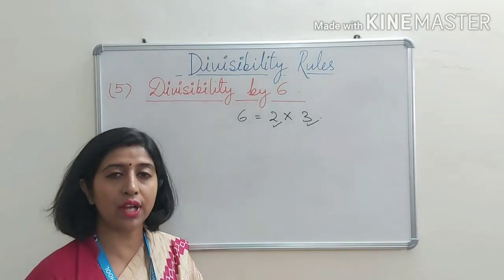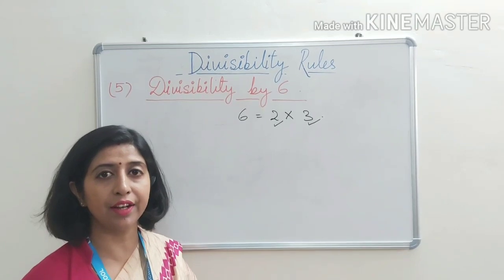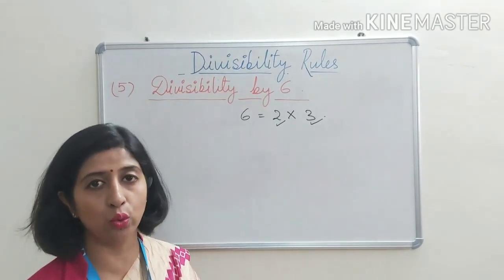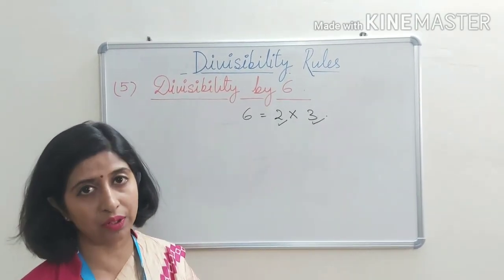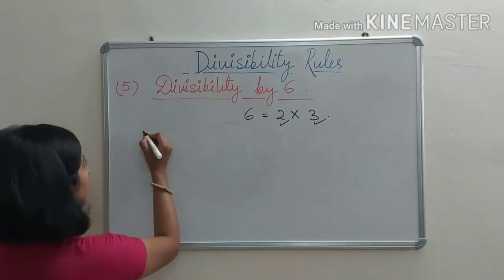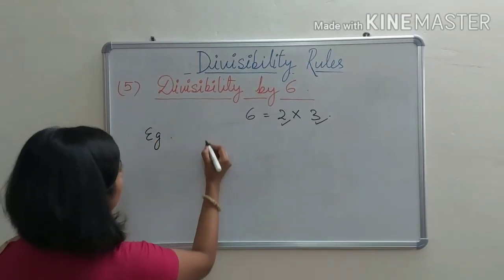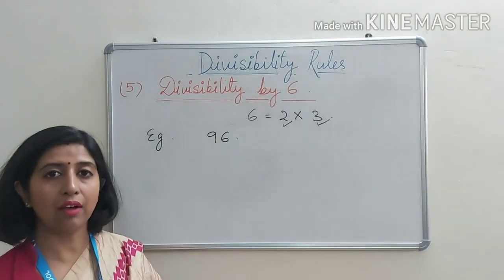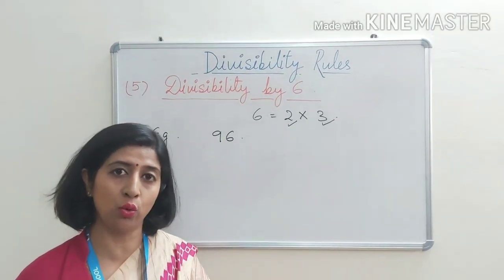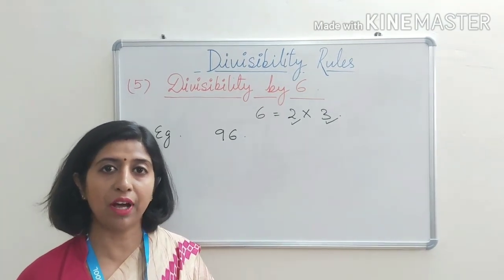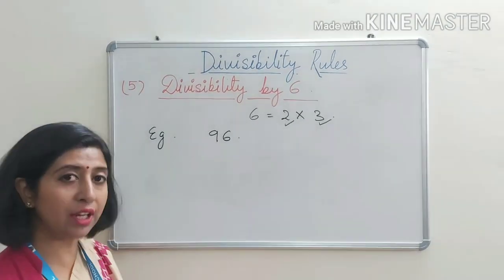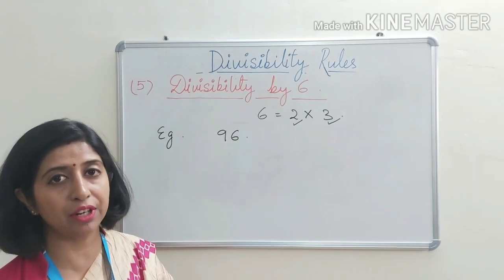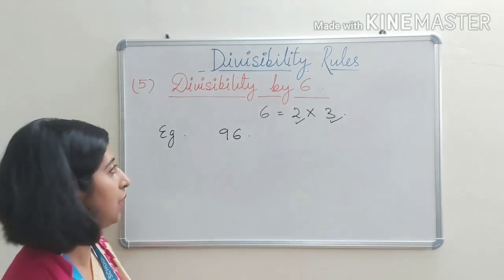So, if we want to check the divisibility by 6, the number must be divisible by 2 as well as 3. I am giving one example, 96. Here we have to check the divisibility by 2 and divisibility by 3. If both the conditions are fulfilled, then the number is divisible by 6.